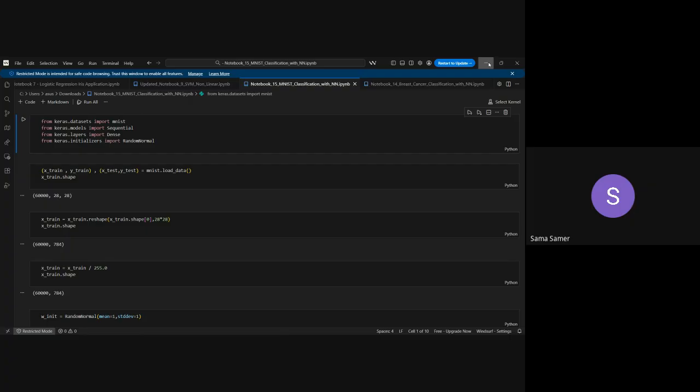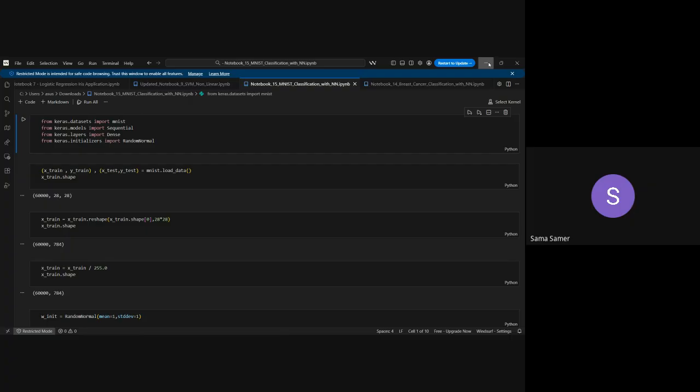The pixel values range from 0 to 255. It is flattened into a vector of 784 features, so we have a large number of features. It is used for logistic regression, SVMs, neural networks, and CNNs, convolutional neural networks.